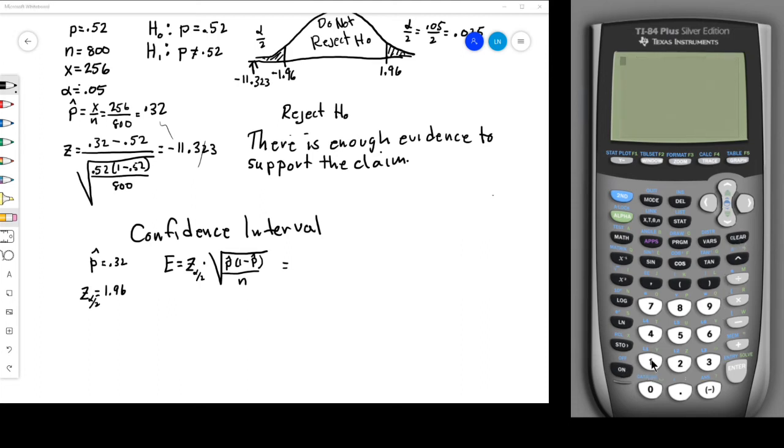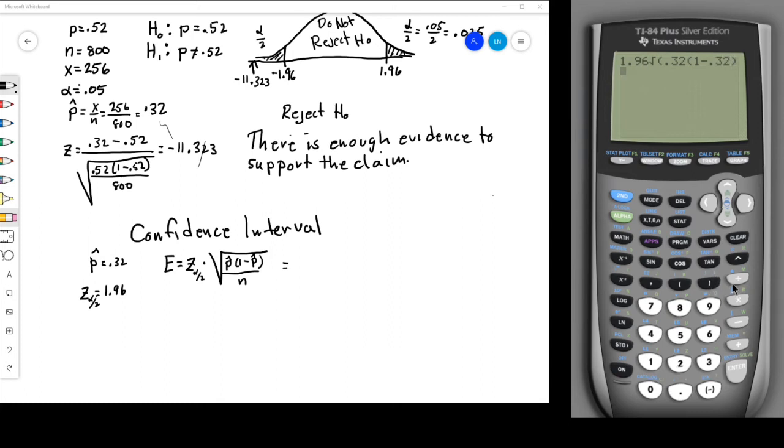So if I come over to my calculator, I'm going to do 1.96 times the big square root. P-hat is 0.32 times 1 minus 0.32.